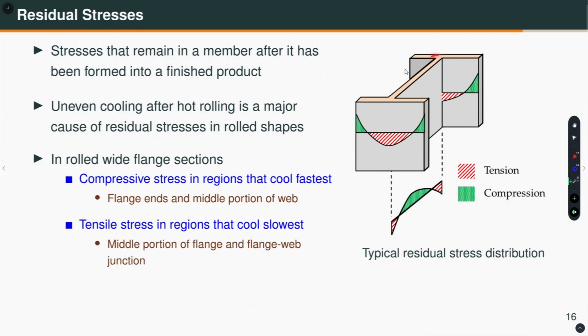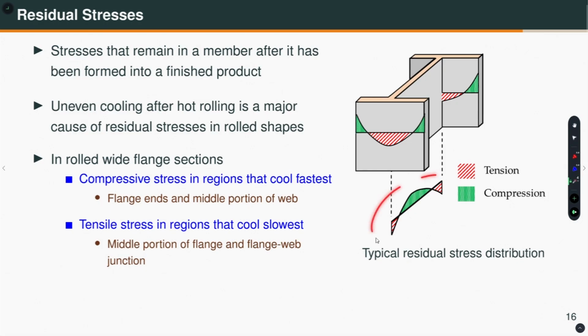So, this junction cools at a slower rate, which is obvious. So, in this case what will happen, the middle portion of the flange and the flange web junction cool the slowest. So, you will have tensile residual stresses. So, this is the tensile residual stress, okay, and here in this portion and here it is just behind, you will have tensile residual stresses, right.